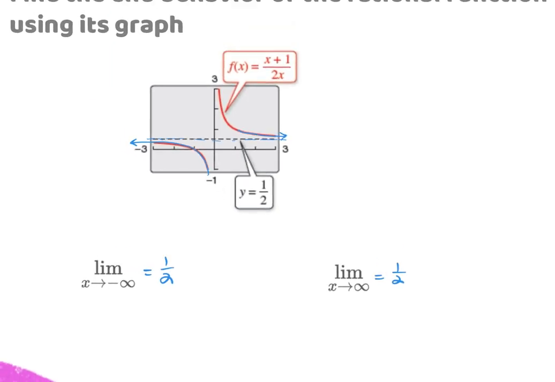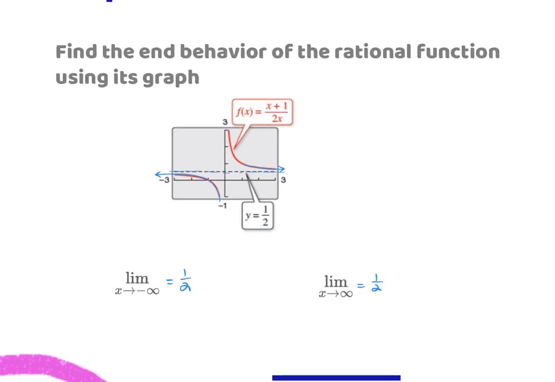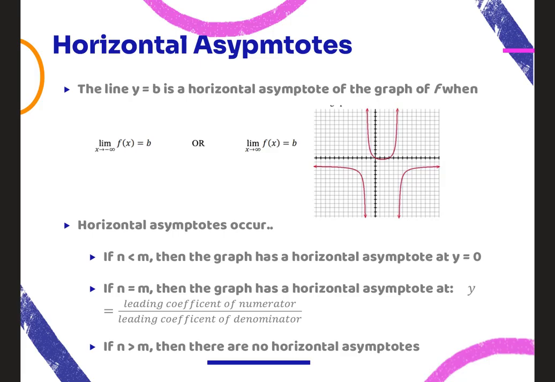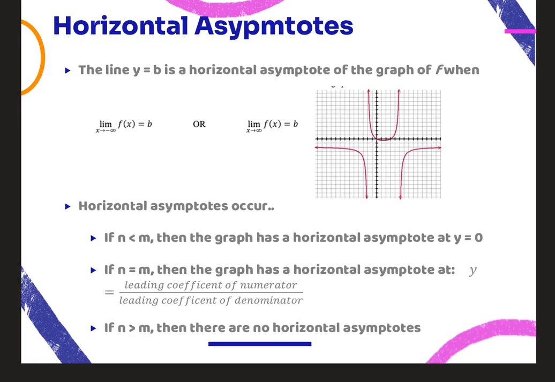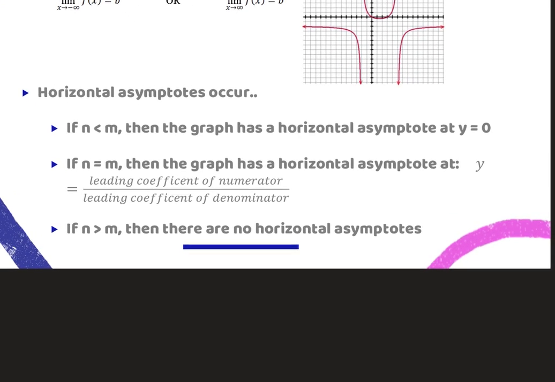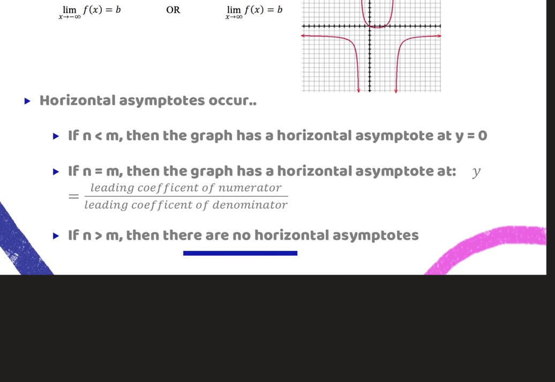And we can find the horizontal asymptote visually, like in this example, your horizontal asymptote is at 1/2, or we can review all the rules of our horizontal asymptotes. So let's say I didn't have a graph. Then the way I find the horizontal asymptotes is one of these 3 ways. A horizontal asymptote occurs in one of these 3 ways.